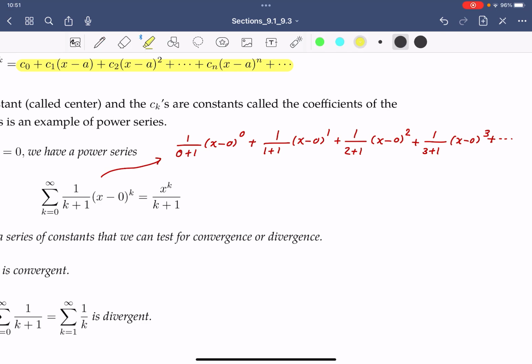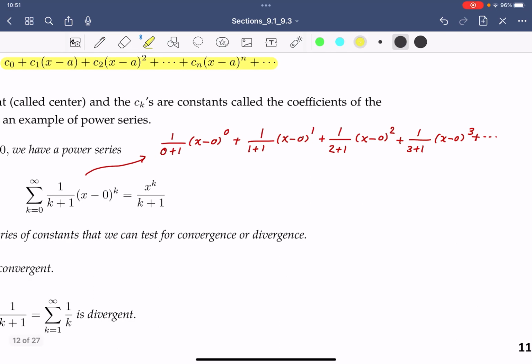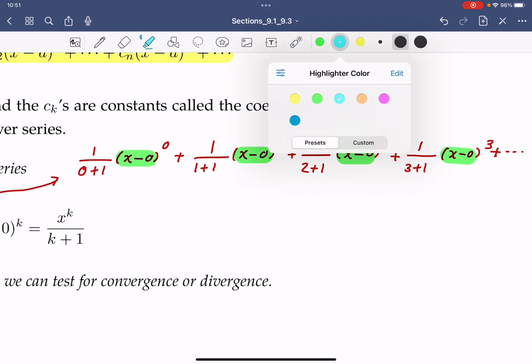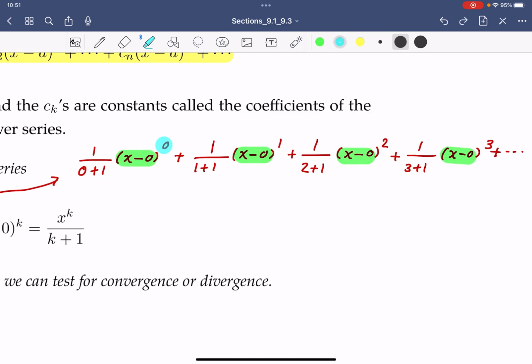It looks confusing at first, but we just keep x minus 0 all the time, and the running index starts from 0, then 1, 2, 3. Every time you plug in k equal to 0, 1, 2, 3, you just keep going.